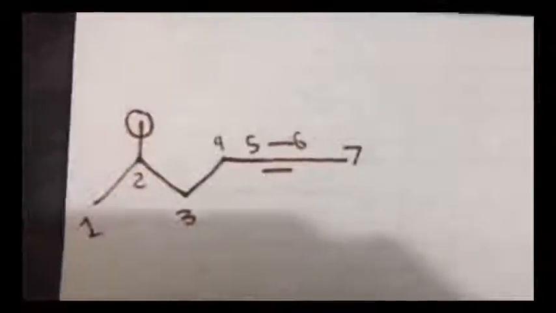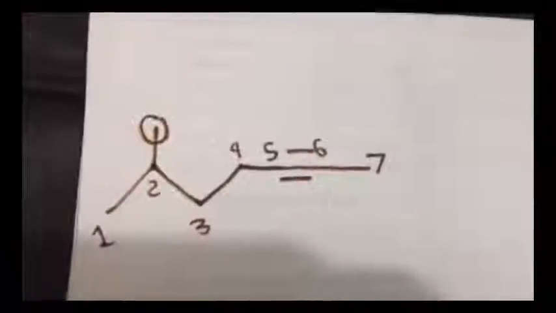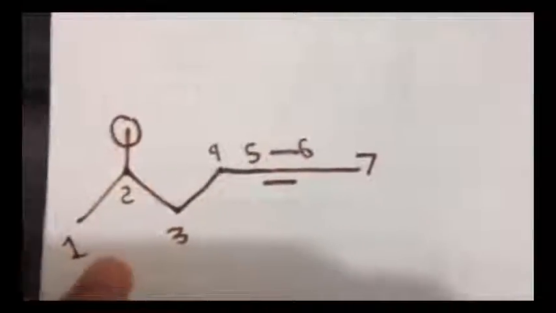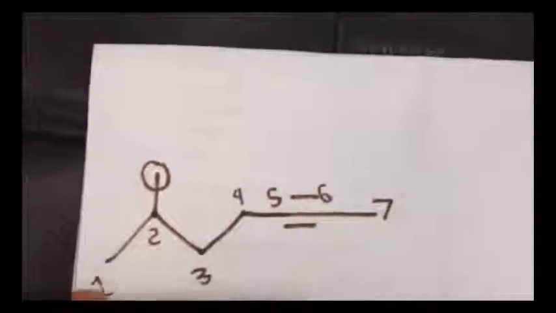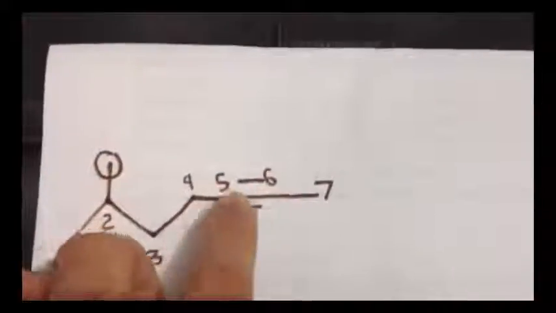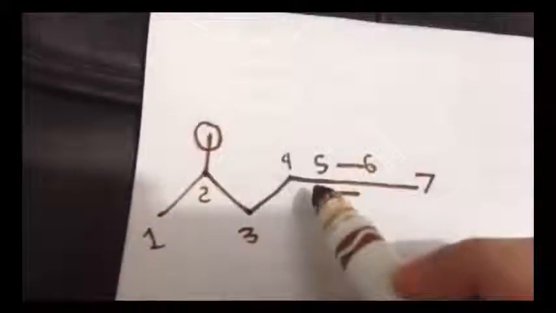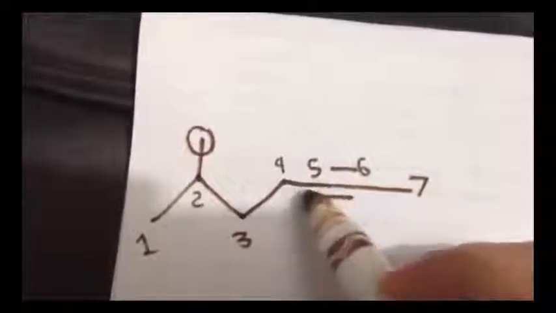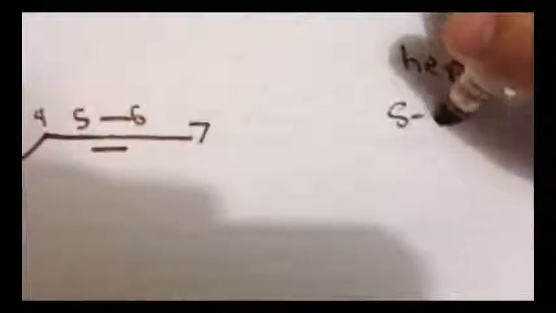Okay, in the second example, we have a substituent in the chain. So we must start counting from the side of the substituent, from the left. So it is 1, 2, 3, 4, 5, 6, and 7. So it must be hept. The carbon atom of the triple bond is in the position 5, so it is 5-yne.